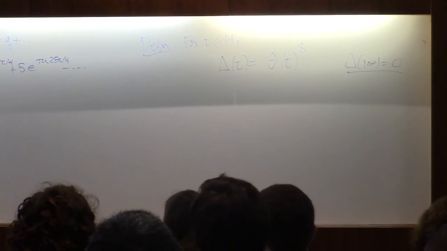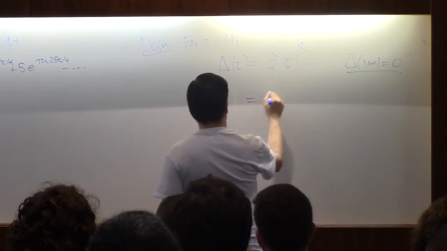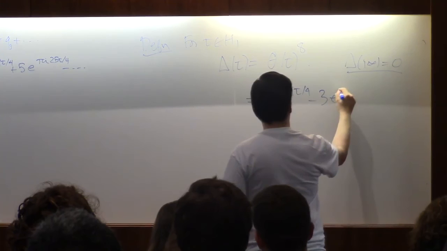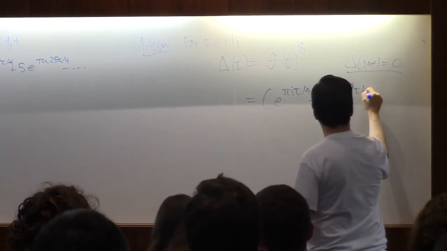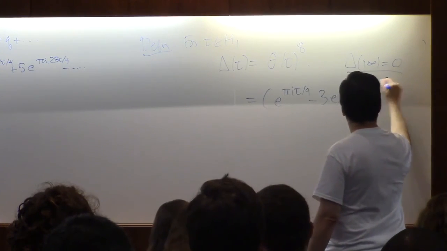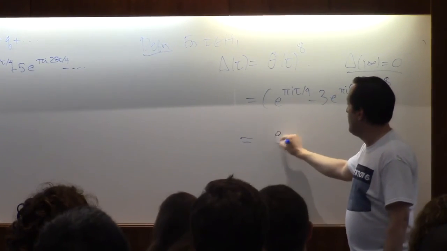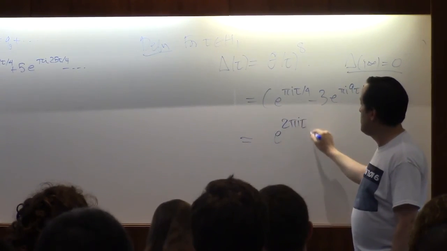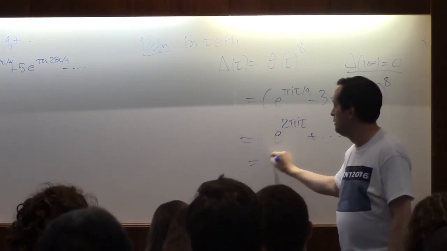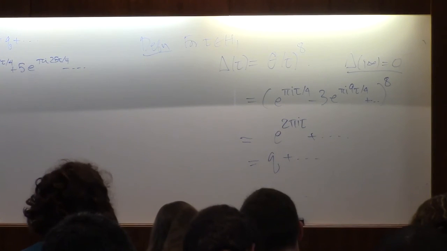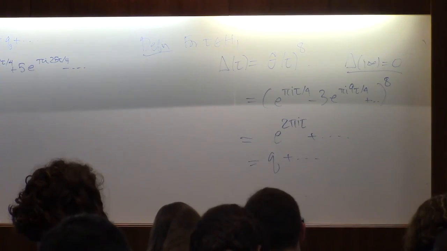But in fact, we can figure out how it starts by just computing e to the pi i tau over 4 minus 3 e to the pi i 9 tau over 4 raised to the 8th power. What's the first term? It's just the 8th power of that, which is e to the 2 pi i tau plus the higher stuff. Okay, so the only catch is it's not at all obvious that this thing doesn't vanish on the upper half plane.